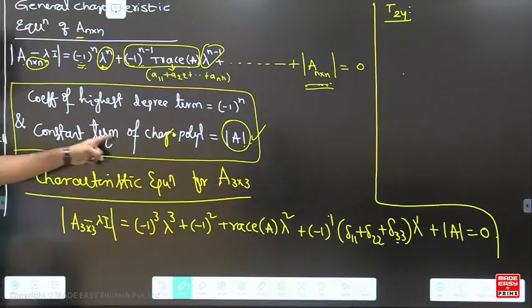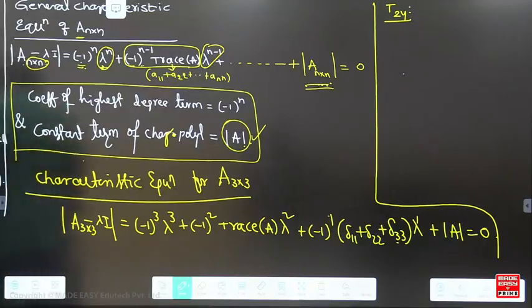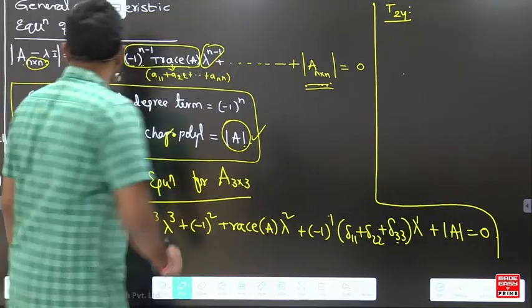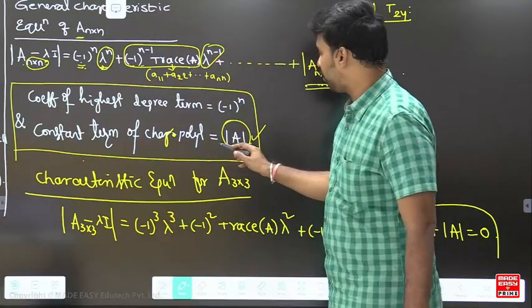Varun, constant term of characteristic polynomial. Okay, you have noted it. Very good. Coming to question T24, the constant term of the characteristic polynomial of the matrix C.